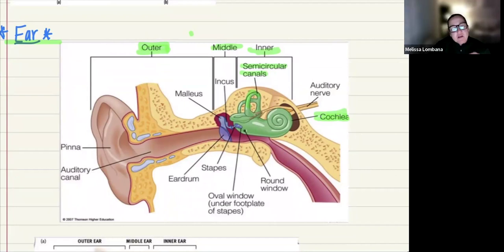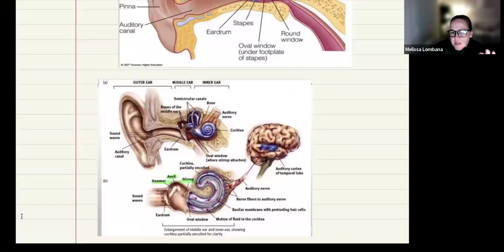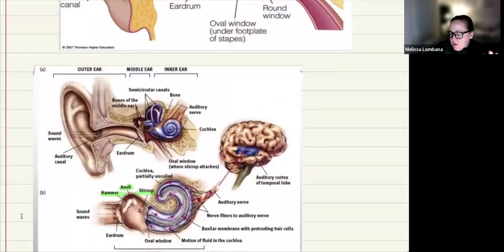The cochlea is a very important part of your ear, because transduction happens inside the cochlea, and you'll see what the cochlea looks like inside here.